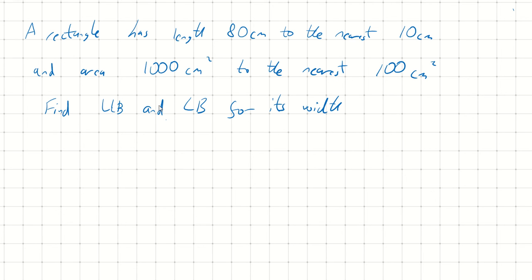We want to find the upper bound and the lower bound for its width. So let's go back to what our actual measurements mean. 80 centimeters to the nearest 10 means 75 to 85. And 1000 centimeters squared to the nearest 100 centimeters squared means anywhere between 950 and 1050 centimeters squared.